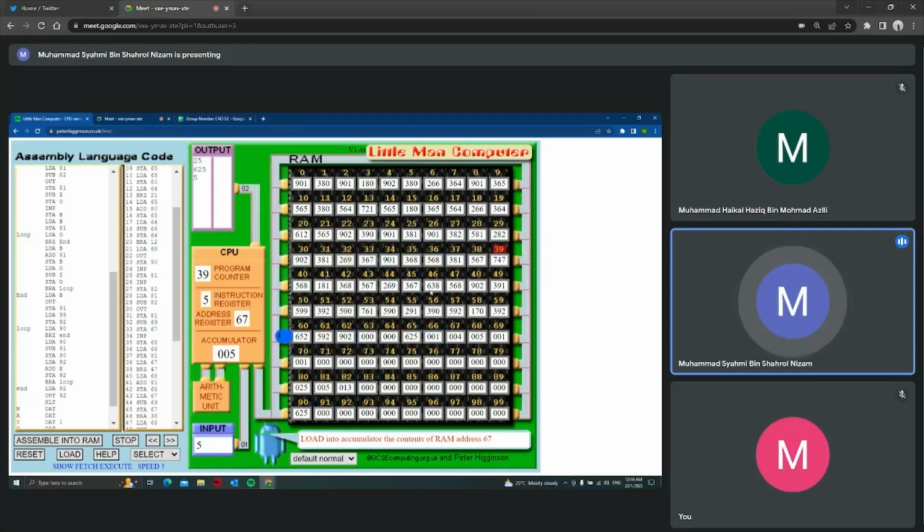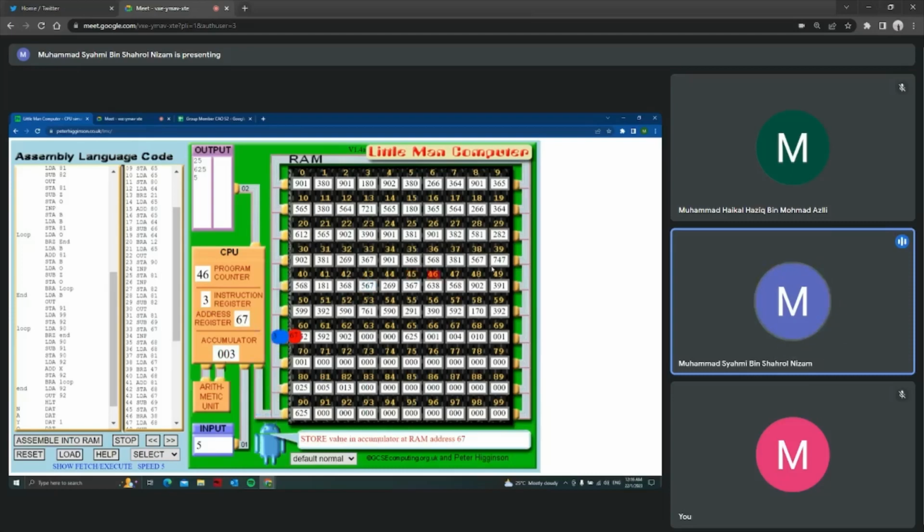So as you can see, here 381, this 3 means the instruction register. The 3 means store. So 81 is the address register. So it means it stores the value at address 81.